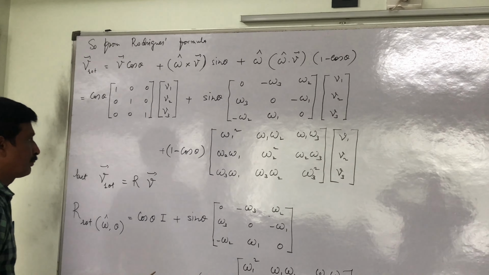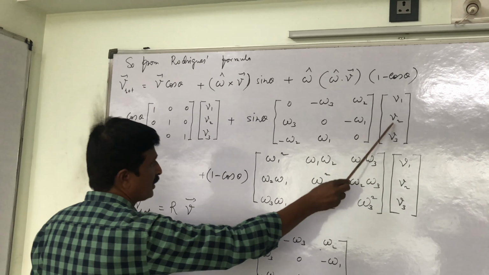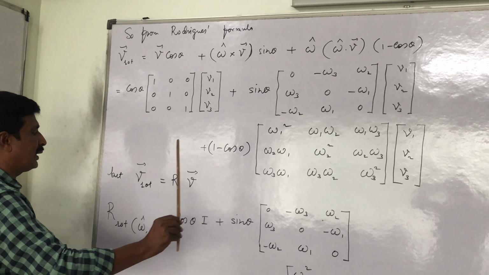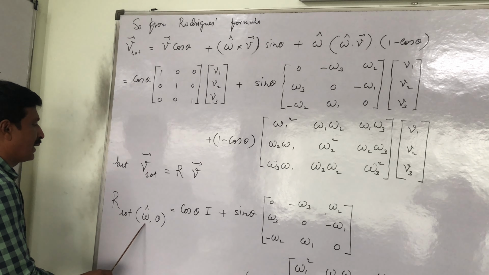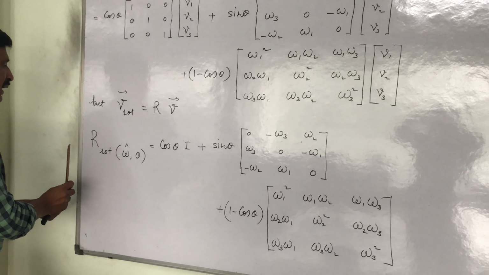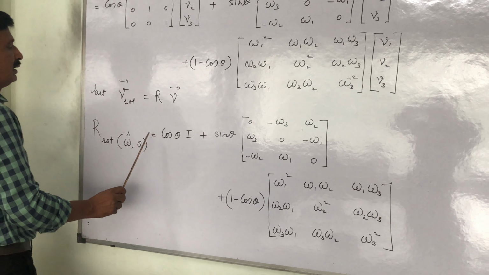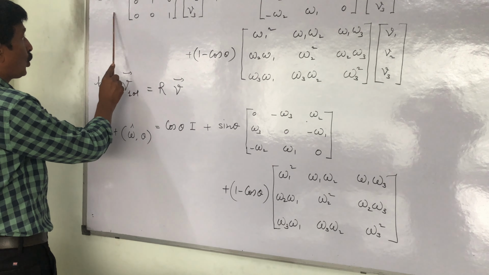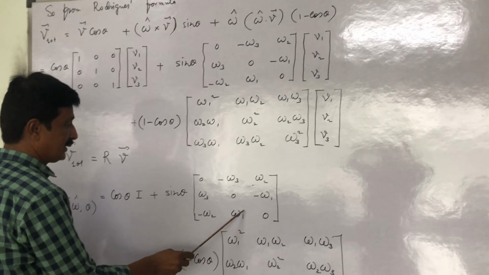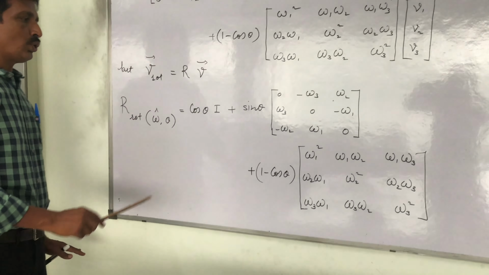So we can separate V from each term. V rotation is RV, separating V, R rotational omega cap theta. If you rotate a vector around a random axis omega cap up to angle theta, the rotation matrix is cos theta into I, V is separated, sin theta into this, and 1 minus cos theta into this. So we have obtained the rotation matrix.